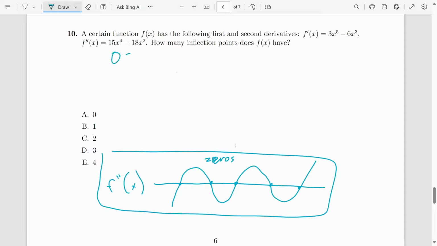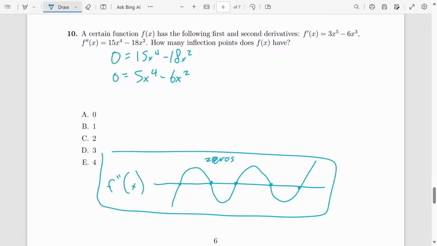So 0 equals f double prime of x. That's going to be 15x to the 4th minus 18x squared. You just go ahead and solve for x. So looks like we can divide everything by 3, and we'll get 0 equals 5x to the 4th minus 6x squared.